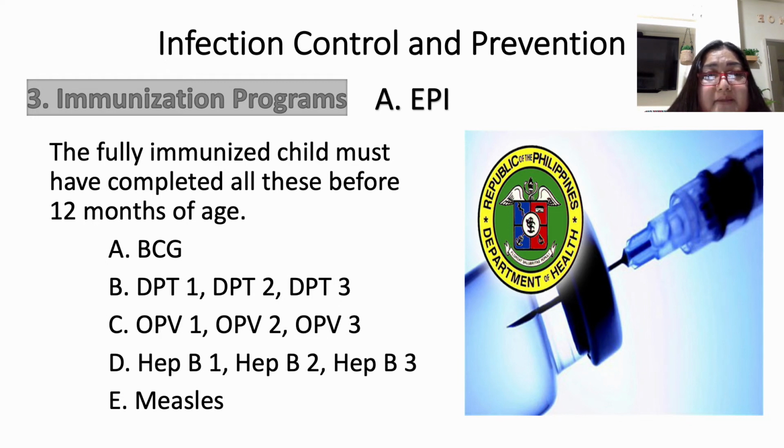Fourth, Hep B 1, 2, and 3. It's given at birth, 3 doses, 4 weeks apart, 0.5 ml IM. Same with the DPT, upper outer portion of thigh, vastus lateralis, but this time, right, left, right. But it's okay even if they are swapped.